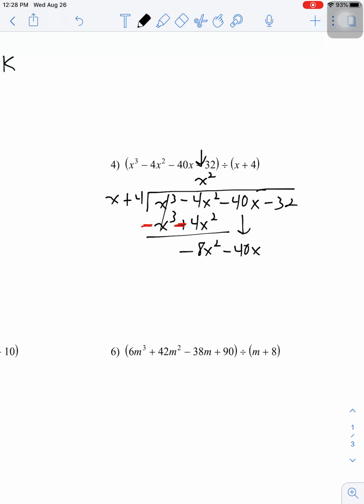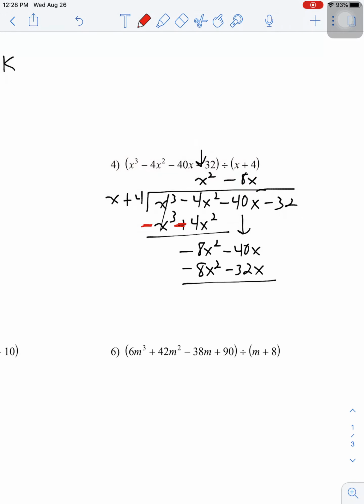And then what times x gives you negative 8x squared? Well, that's going to be a negative 8x. So negative 8x times x gives you a negative 8x squared. A negative 8x times 4 gives you a negative 32x.